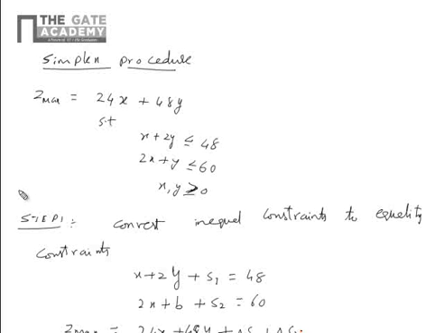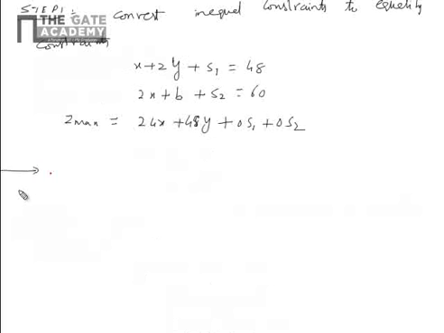So the objective function will change after adding the slack variables. Then write it in table form. This is an easy method to proceed.